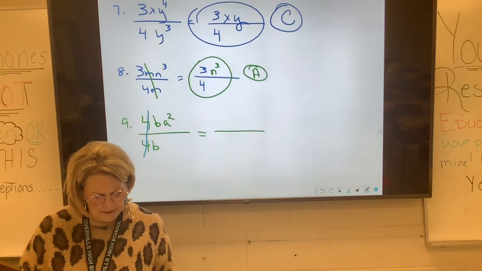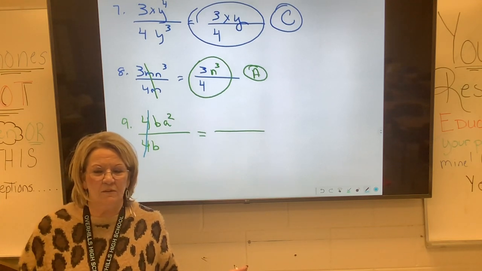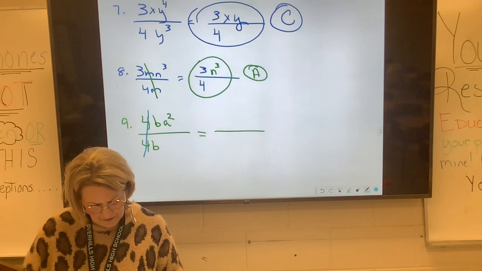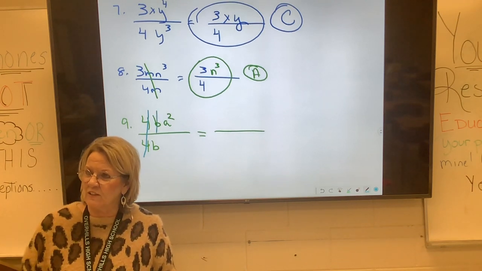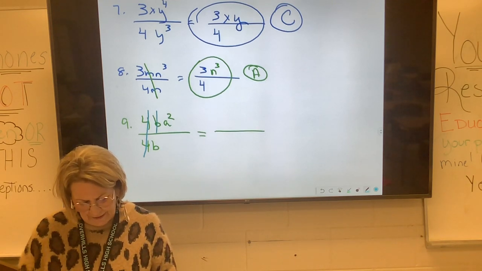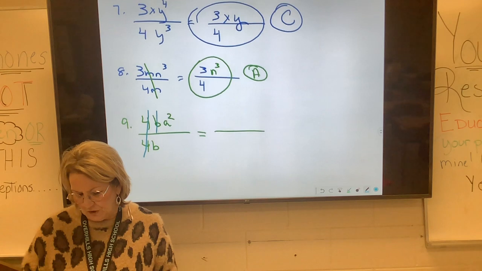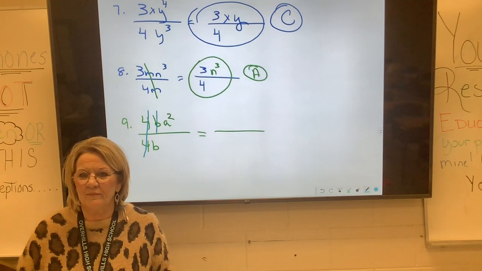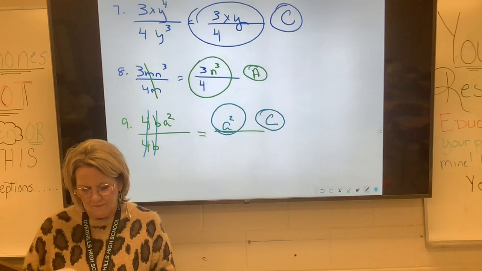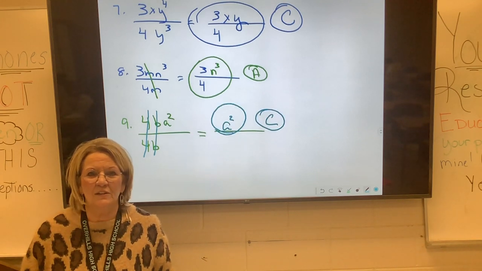My larger b, there is no larger b. They're the same, so what happens to them? They cancel out. All I'm left with is an a squared, which is on top, and it has to stay on top. So my answer is a squared, which is C. Does that make sense so far?